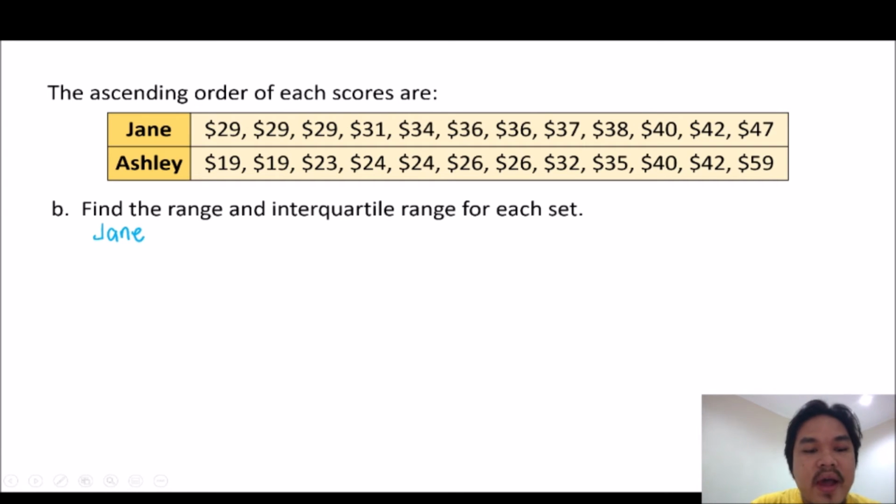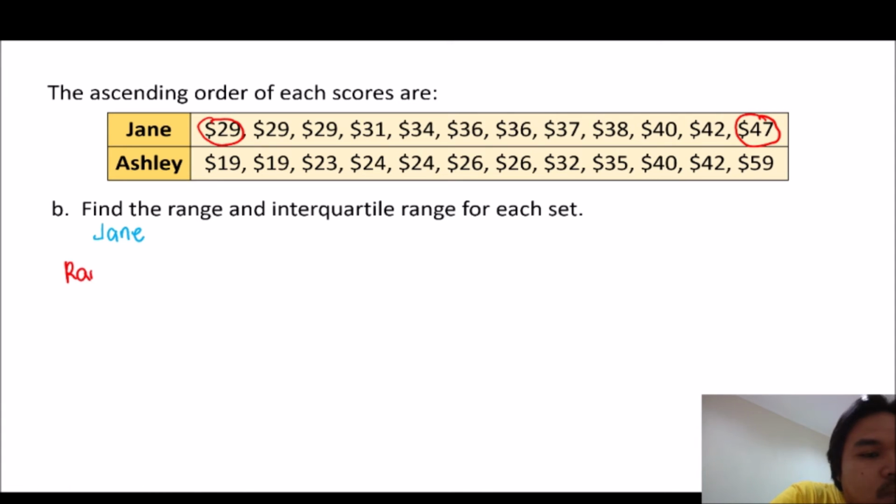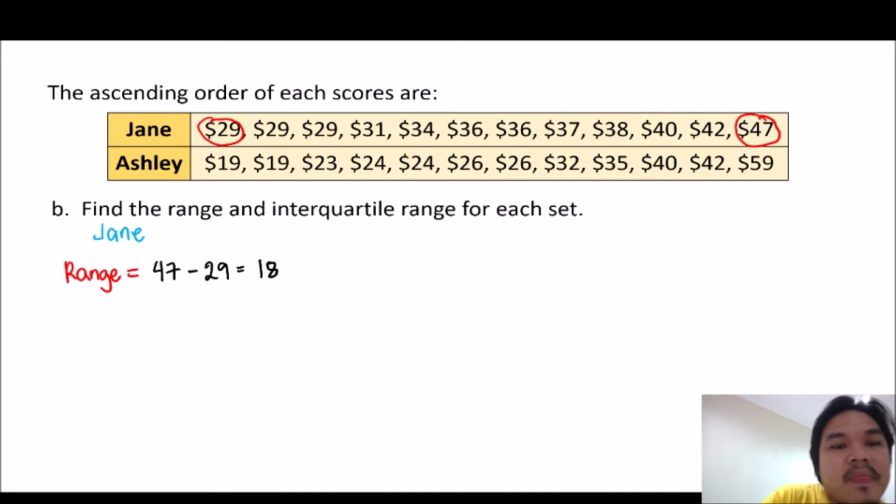The maximum value for Jane's data is 47 and the minimum value is 29. Okay, so the range will be the difference of the maximum and the minimum value. So that is 47 minus 29, which is 18.